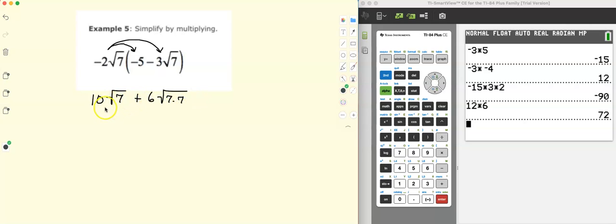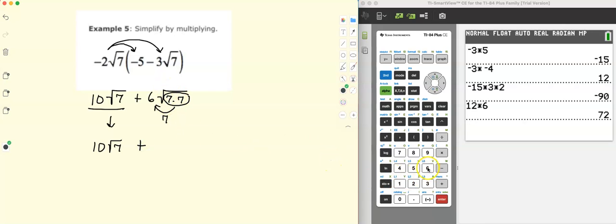Now you can see that you can't simplify this first one anymore because 7 is already simplified enough. The only thing you can do is continue to bring it down. But on this second one, you can simplify it by pulling out a 7 because you have a pair of 7s. So this is still 10 square roots of 7, plus 6 times 7.